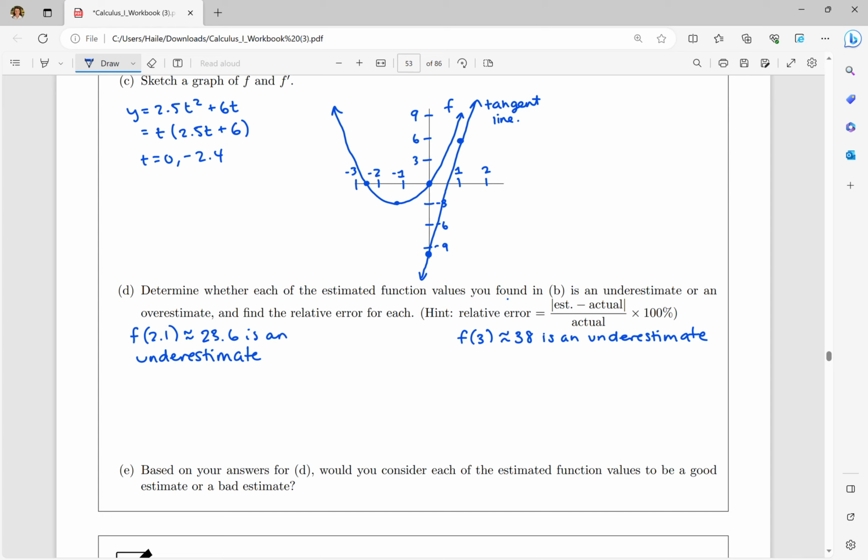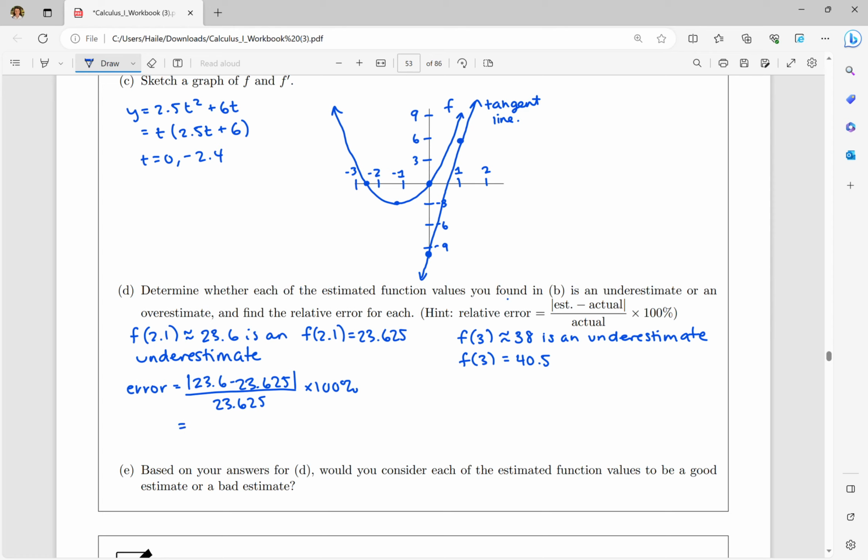So let's do that. f of 2.1 actually equals 23.625, and f of 3 actually equals 40.5. So if we calculate relative error, we're going to do the estimate minus the actual over the actual times 100%.